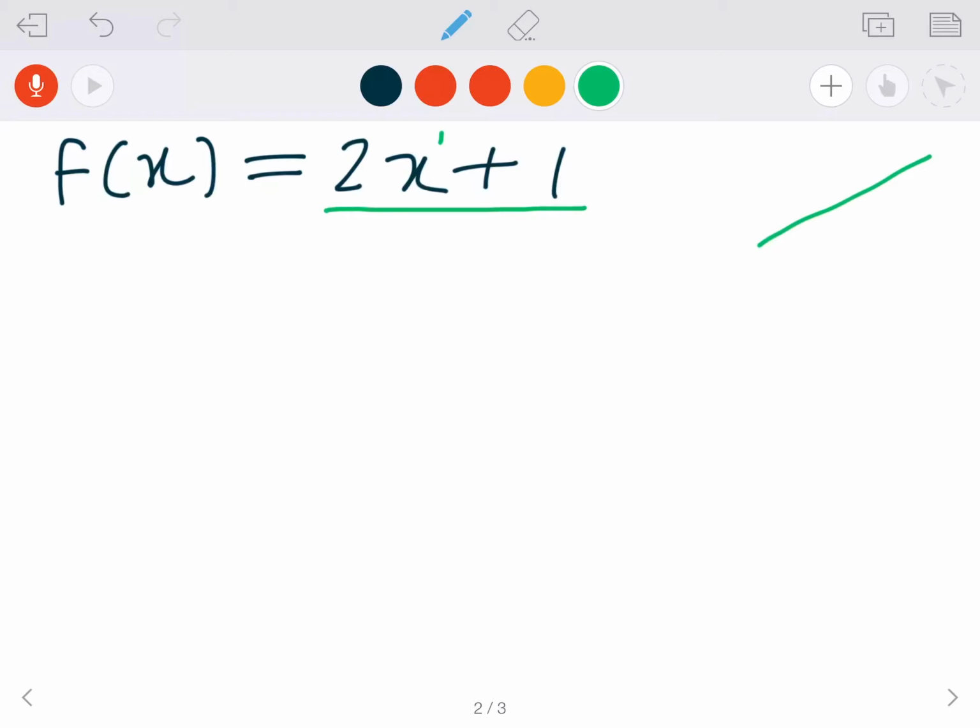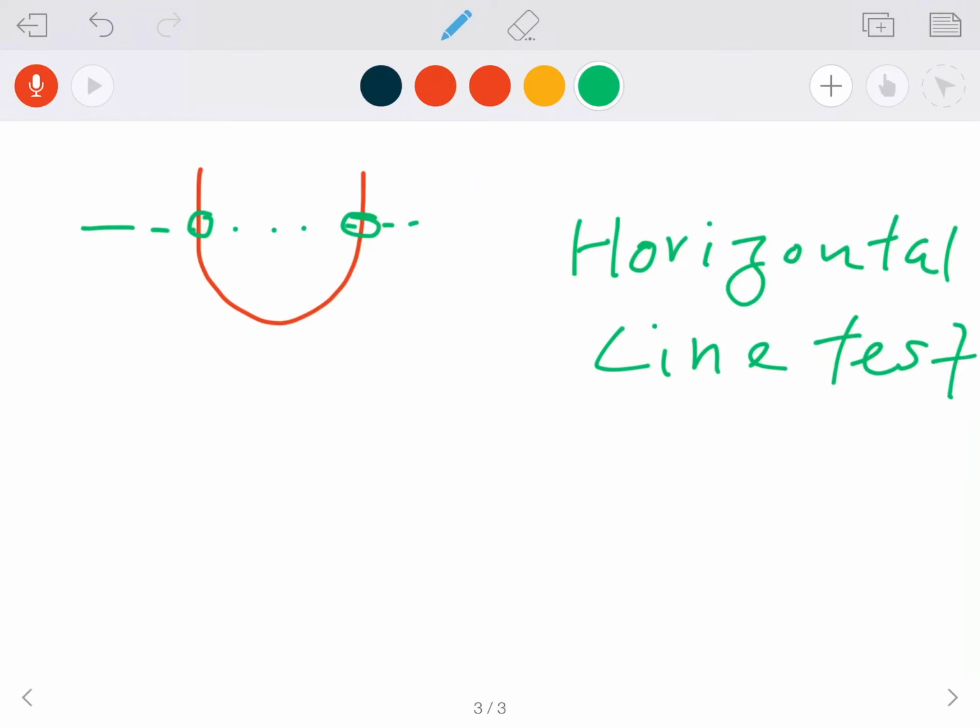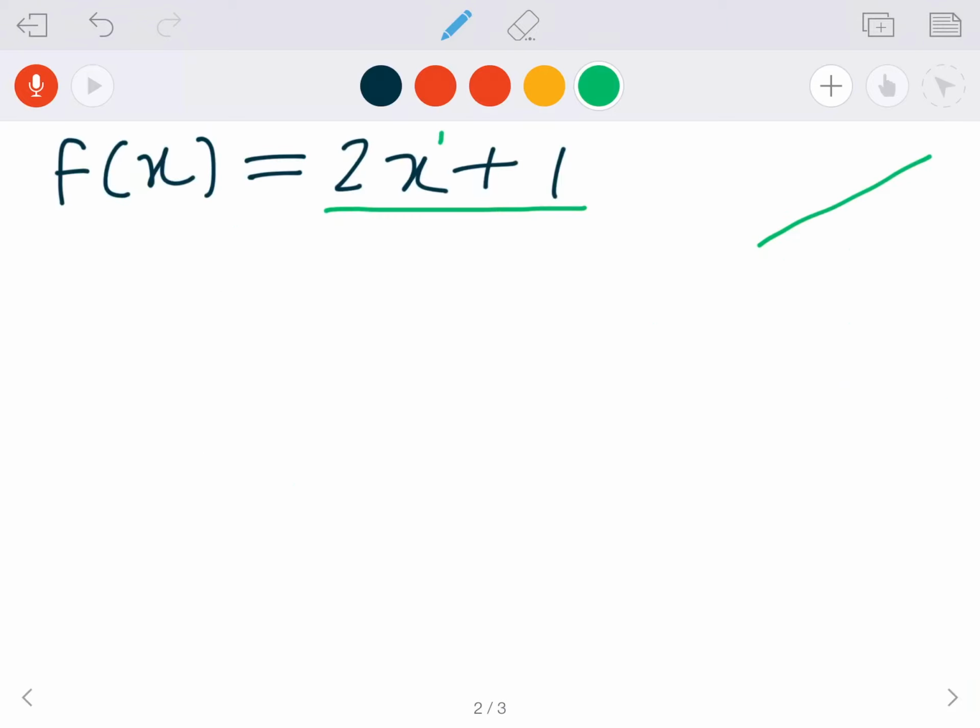If there is a 2 on the power, we say a quadratic equation. A quadratic equation always has a graph like this one. Now in this case we have a straight line.